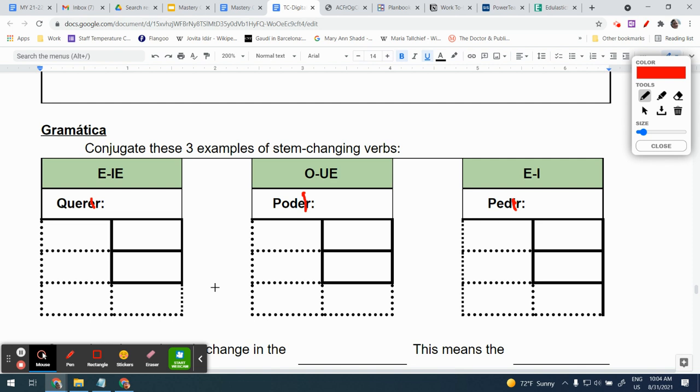So if it is an E to IE verb like querer, which means to want, we take the stem QUER and inside the boot we change it to QUIER. Q, I can't apparently make a Q today. Try that again.